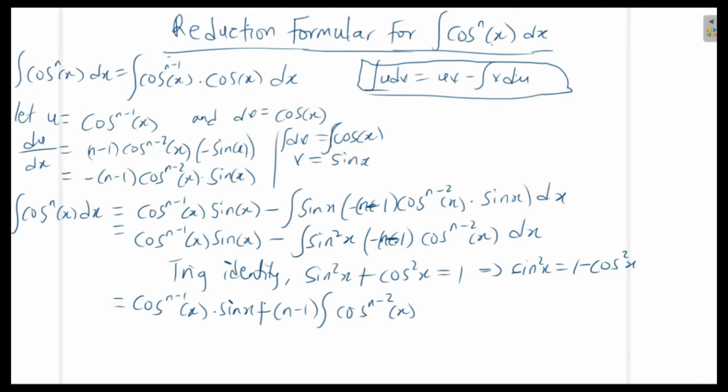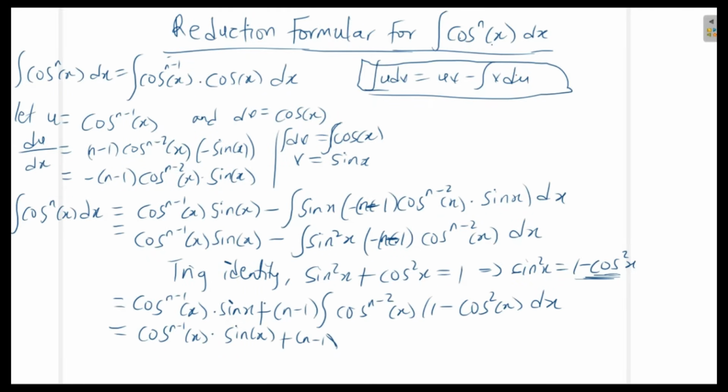Then in place of sine squared x, I'm going to substitute 1 minus cos squared x, then dx. So I have cos to the power n minus 1 of x multiplying sine x plus n minus 1.